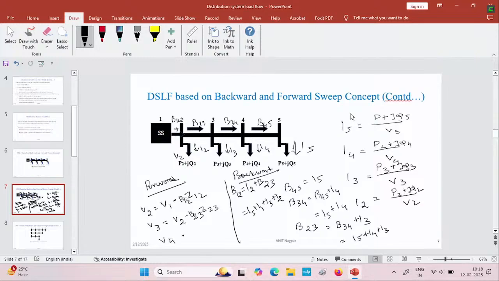Thereafter, we can calculate the voltage for node V4, which is V3 minus the branch current B34 into the impedance Z34. And then similarly, we can calculate the voltage for V5. This voltage is V4 minus the branch current B45 into Z45. So in this way, we have calculated the voltage on each of these nodes.